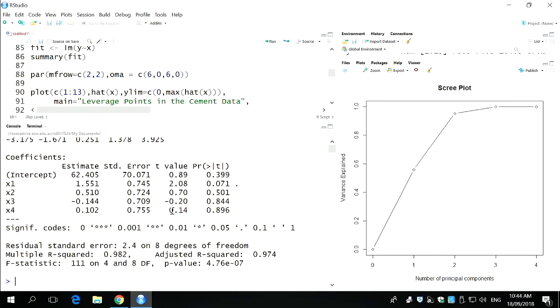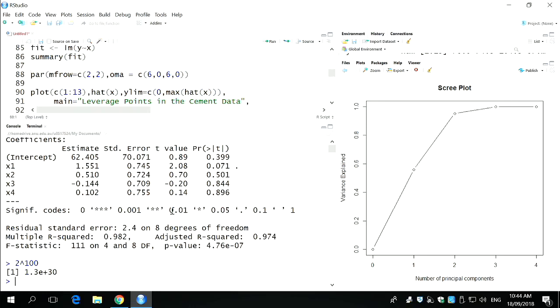And you know where this is going. If you've got 100 x's, there are 2 to the power 100 models. And that's going to ruin your day. 1.3 times 10 to the 30. Your boss says, I need the answer by tomorrow. You go, well, I've only got 10 to the power 30 models to fit. That's a 1 followed by 30 zeros, you'd be better off walking to the moon.